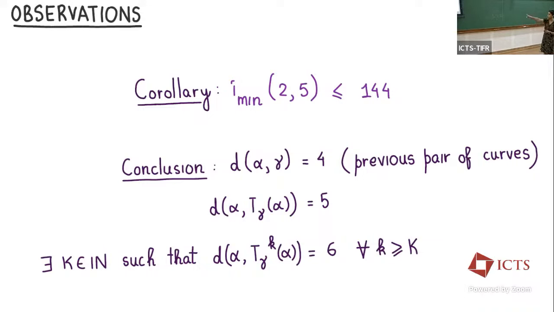For any alpha and gamma you take to be at distance 4 apart, it will be 6. No. For any distance 4 you take, you'll be able to find some high enough power of Dehn twist for which this comes.